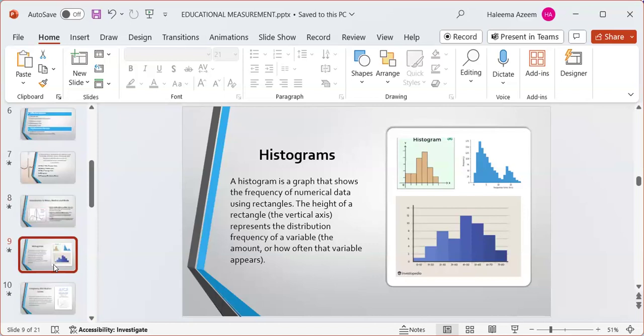Okay. A histogram is the most commonly used graph to show frequency distributions. It looks very much like a bar chart, however there are important differences between them. So when to use a histogram?